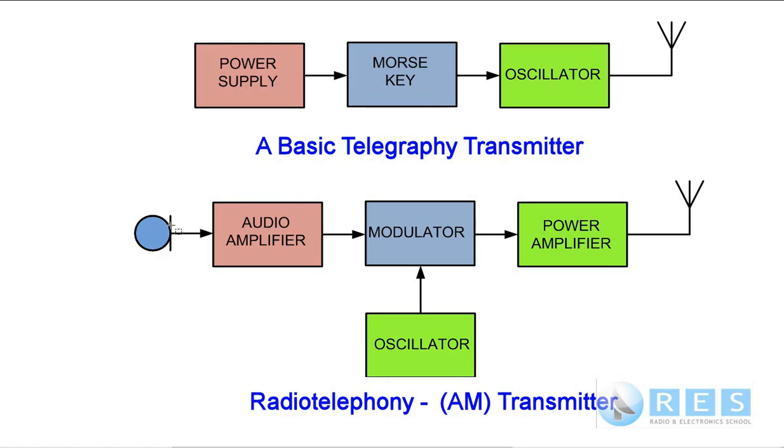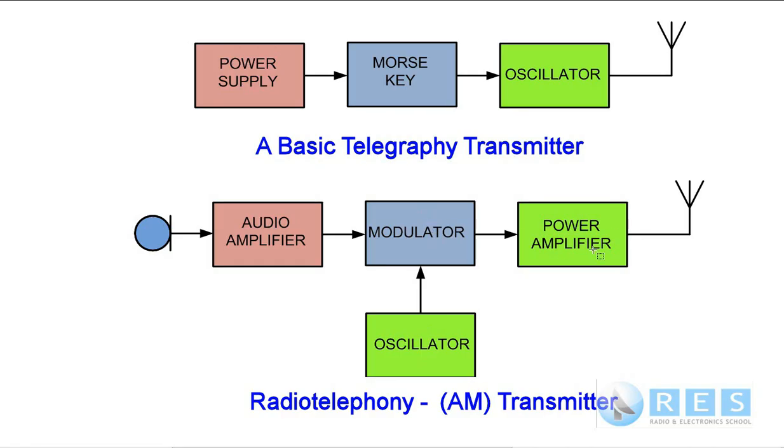A radio telephony transmitter, we need a microphone, we need a microphone amplifier or audio amplifier. We still need our oscillator to produce the carrier. The audio and the carrier are mixed in the modulator in such a way that the amplitude of the transmitted signal is made to change. That's called AM transmission.